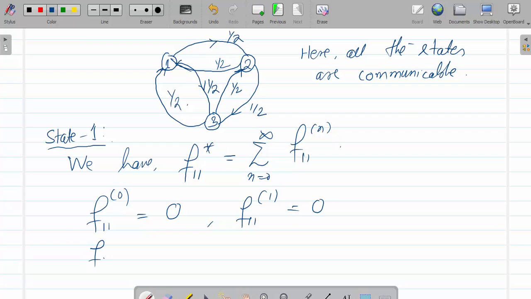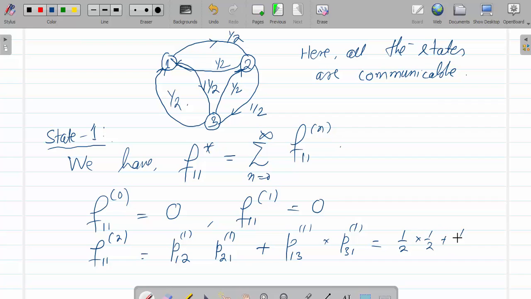Now f11(2) is equal to p12 p21 plus p13 p31. So this will be equal to half into half plus half into half, which is 1/2. So f11(2) is equal to 1/2.